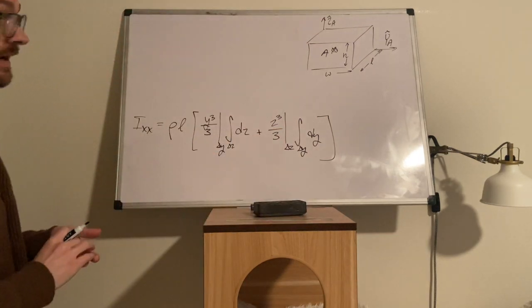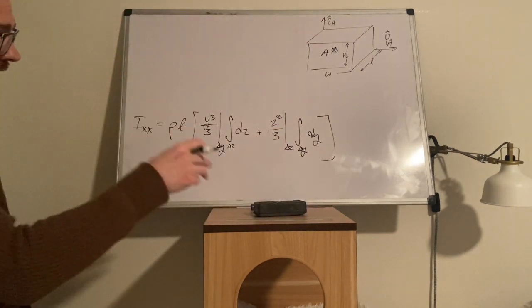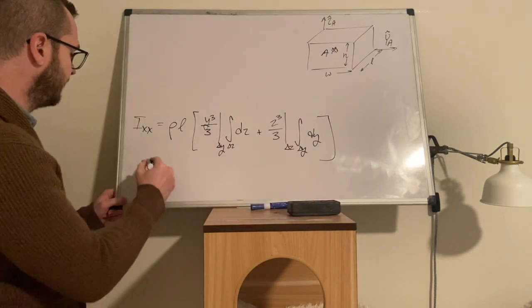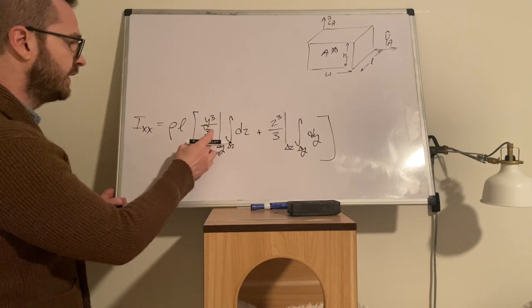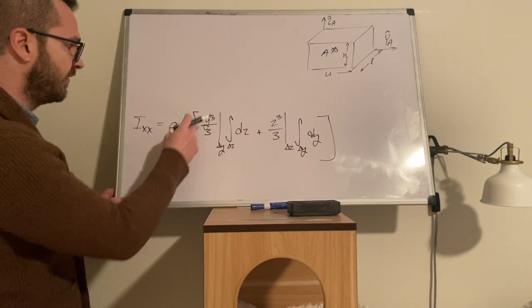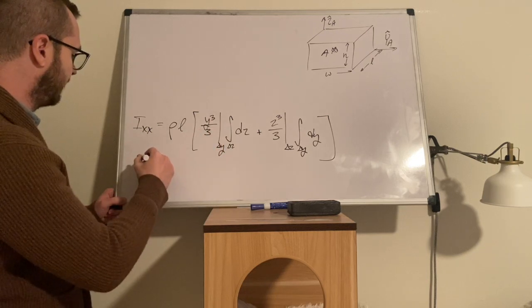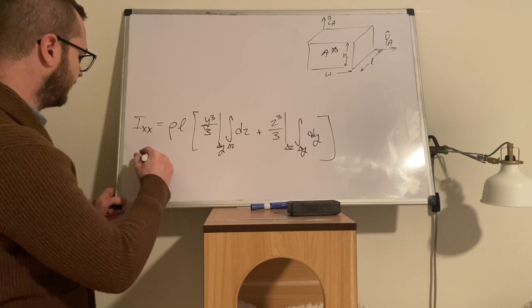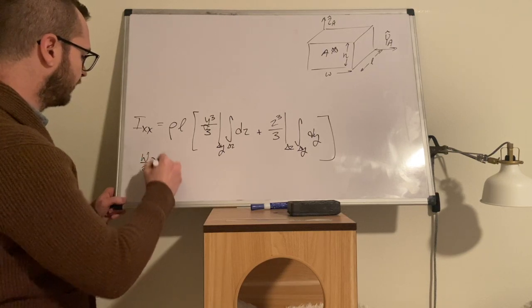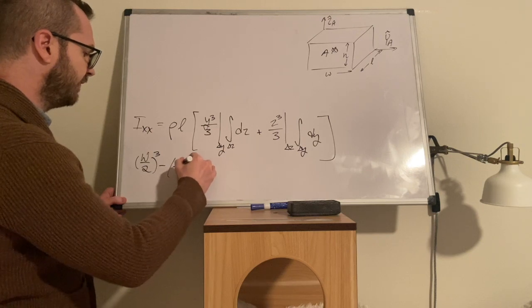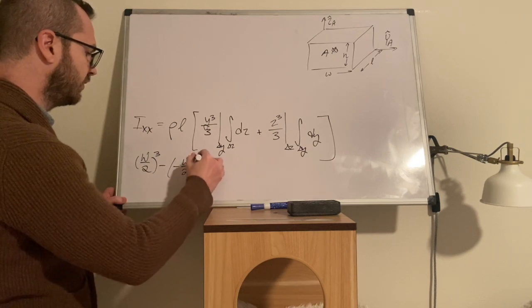All right, next. Let's just consider what's going to happen when we evaluate just one of these. So if we can actually pull out the 1/3, but this is y cubed evaluated on these bounds. That's like writing, let's see, y is width, so that's like writing width over 2 cubed minus negative width over 2 cubed.